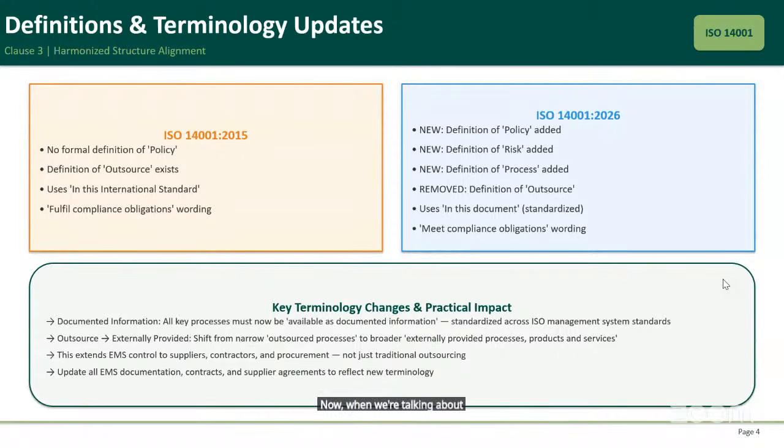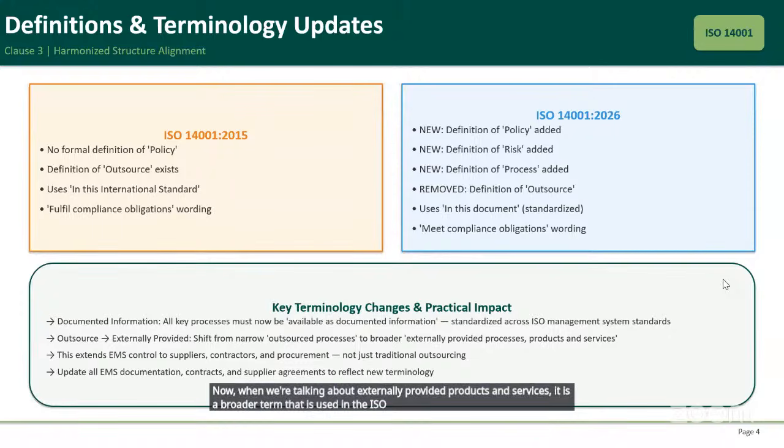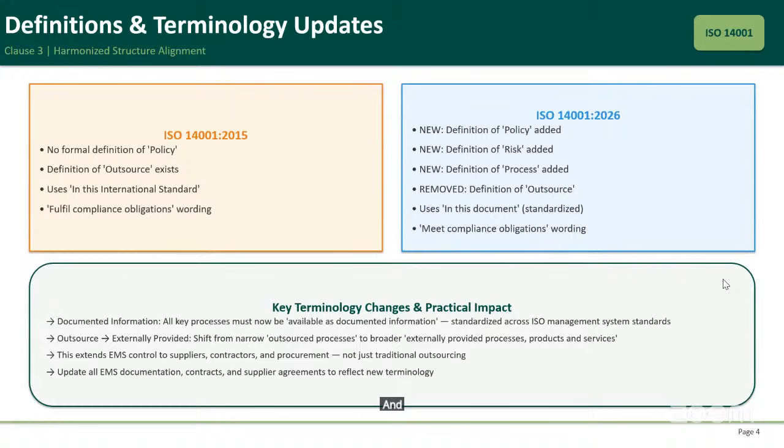Externally provided products and services is a broader term used in the ISO standard because it includes products, services, and processes. It is much broader because companies rely more on external parties, while outsourcing is a specific type of externally provided service.